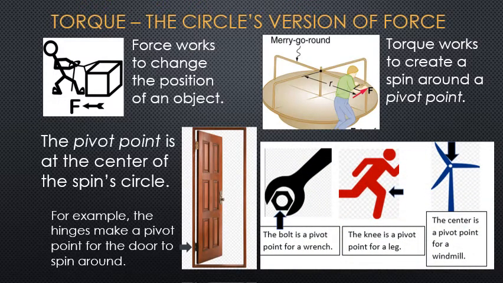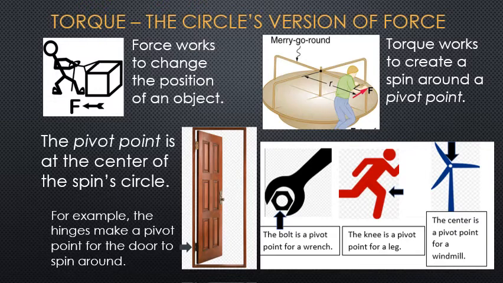So the object moves around the pivot point, such as the center of a windmill, or a bolt for the wrench, or maybe the middle of a merry-go-round, or a knee on your leg. All of those are examples of pivot points where an object will spin around that point in some sort of circular fashion.